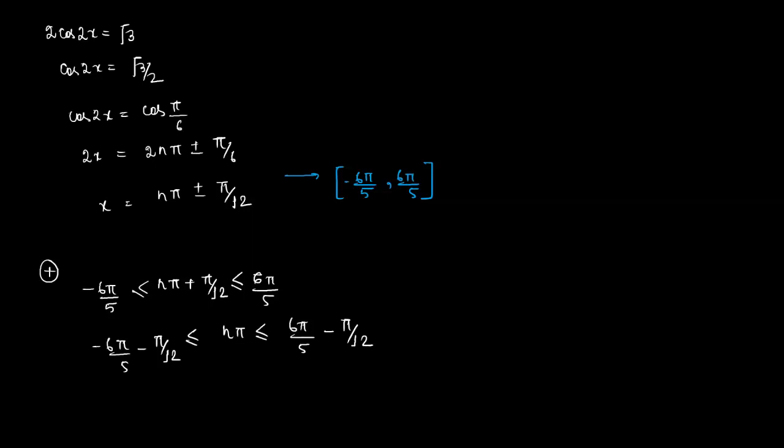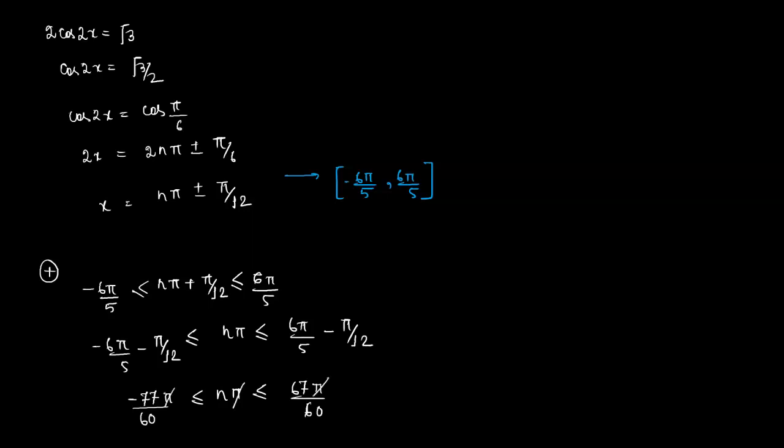Okay, it will be minus 77 pi by 60 less than or equal to n pi less than or equal to 67 pi by 60.